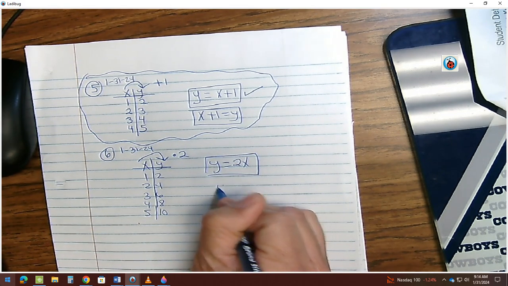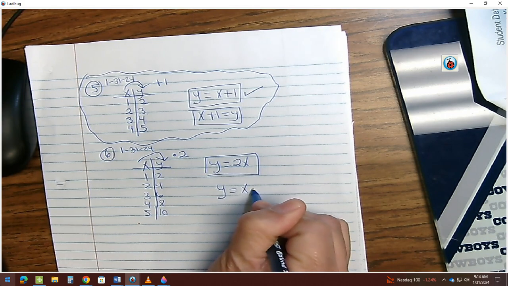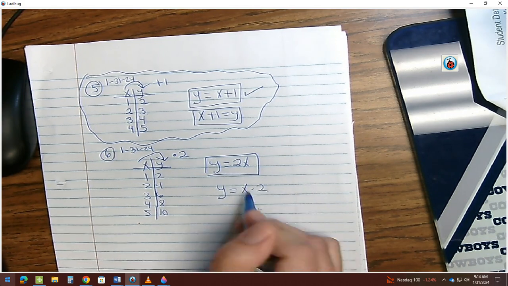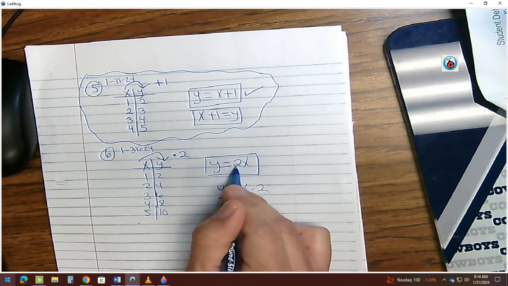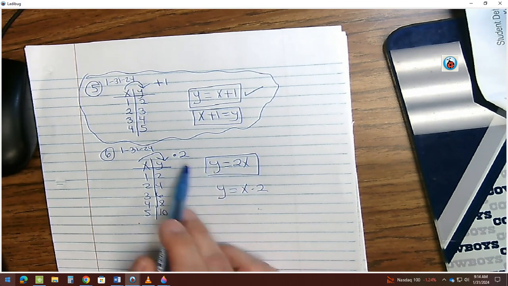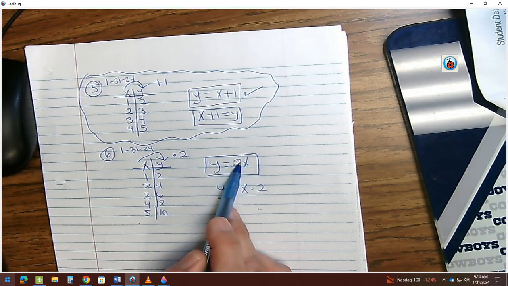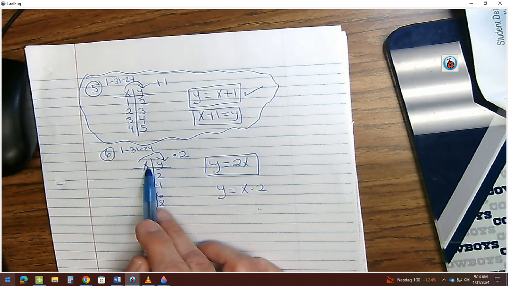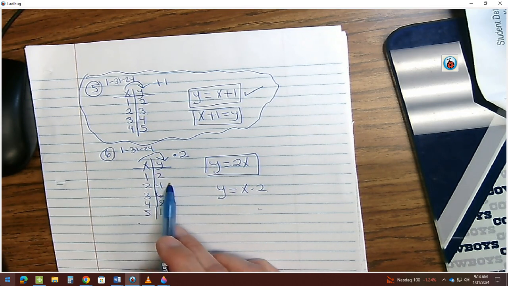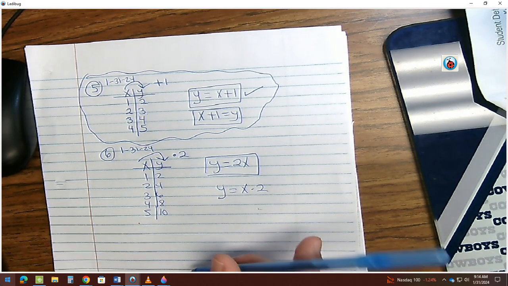Now I had kids that are doing y equals x times 2. That's fine also, but I prefer you do it with a coefficient this way. So y equals, you put the number first and then the x, because 2 times the x gives me the 2, 2 times the x gives me the 4, 2 times the x gives me the 6, and so on. Questions?